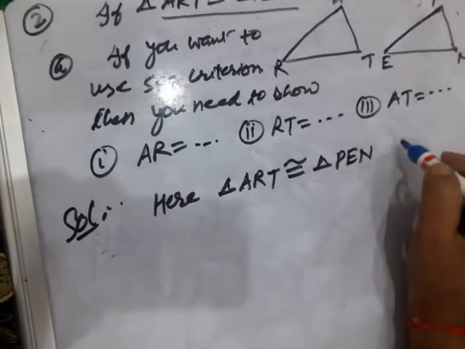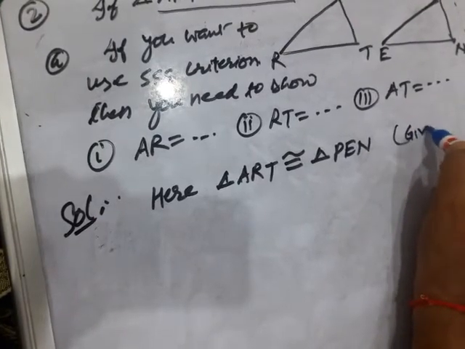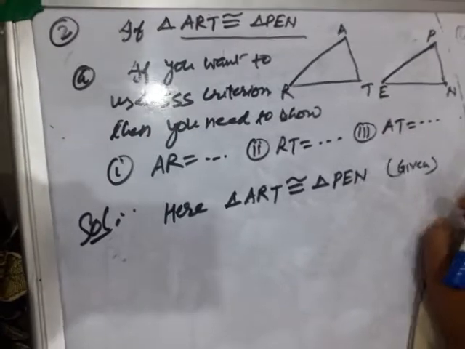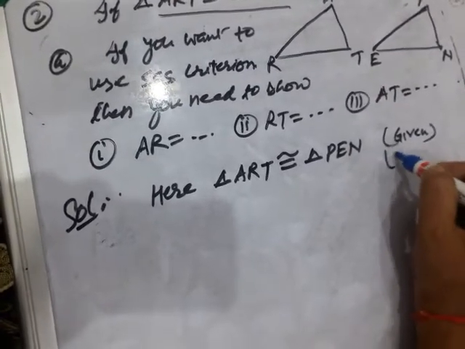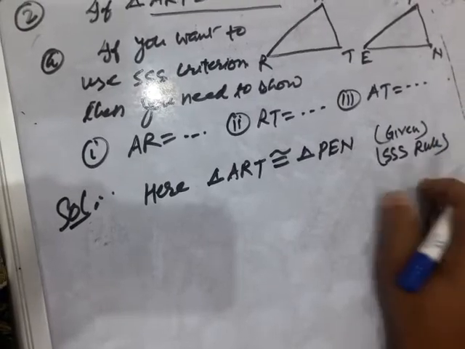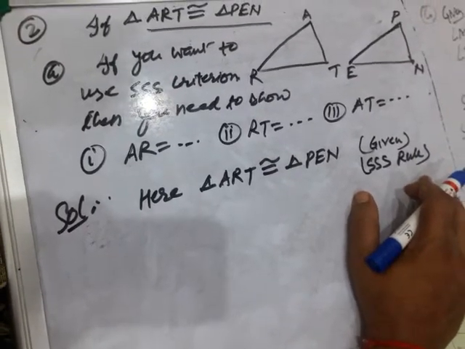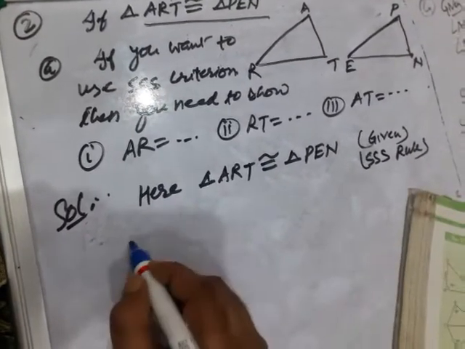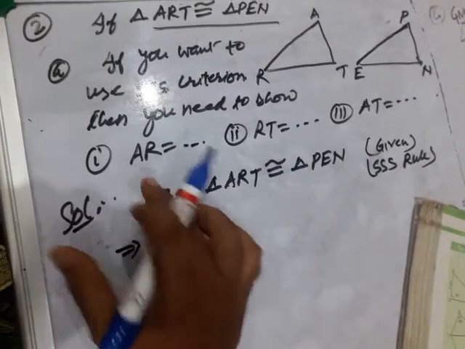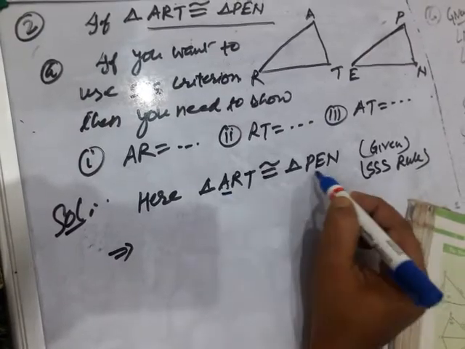Clear? It is given by which congruence criterion? That is triple S rule. By the triple S rule, it is given that these two triangles are congruent. Clear? This implies that AR equal to PE.